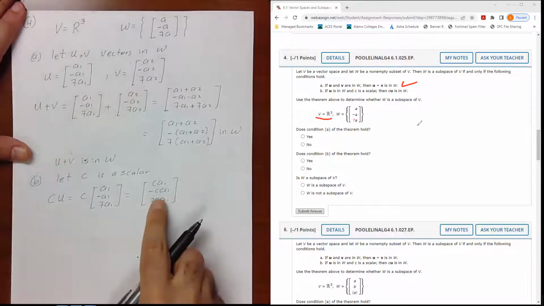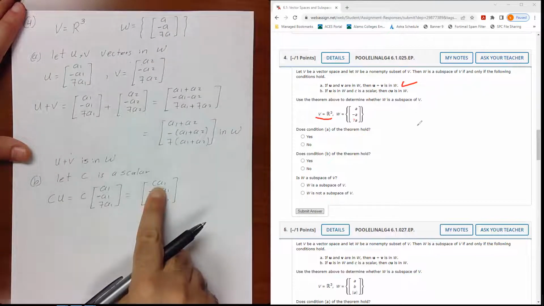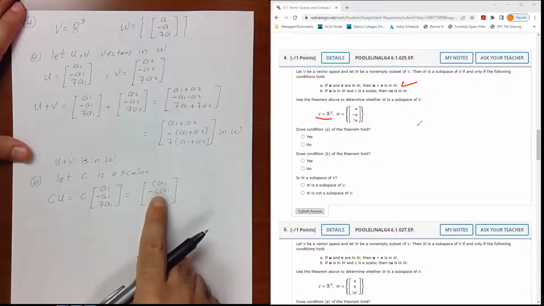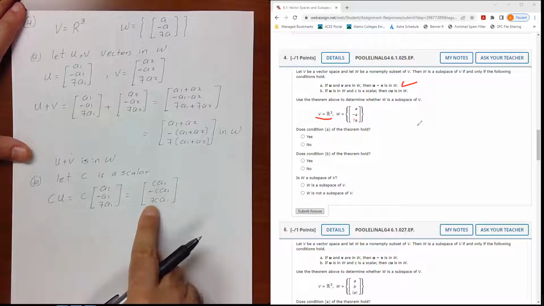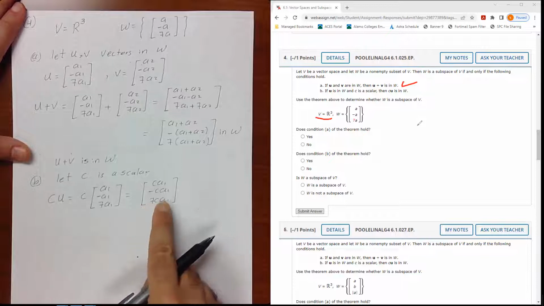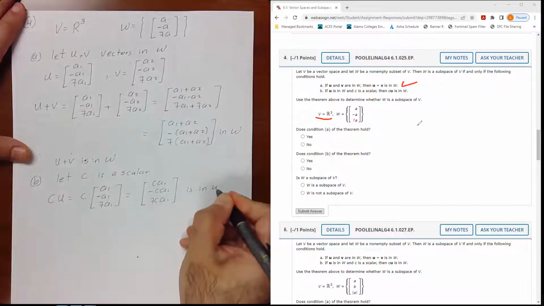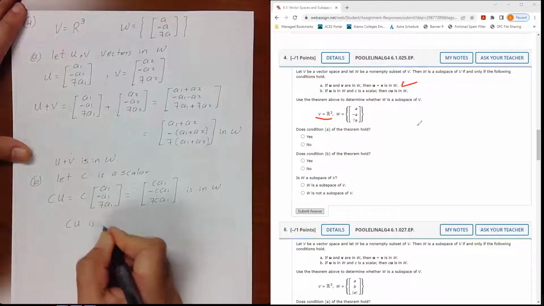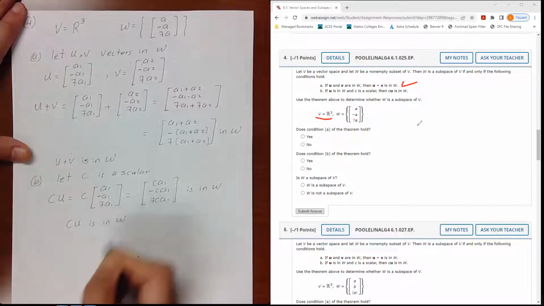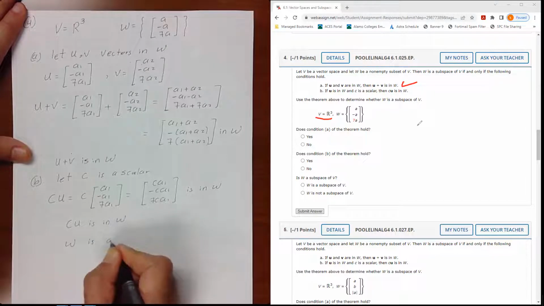Again, it's exactly like the vectors in W, because here CA1 is the first element. The second one is negative the first element. The third one is 7C times the first element, which is 7CA1. That means the result is in W. So CU is in W. That means W is a subspace.